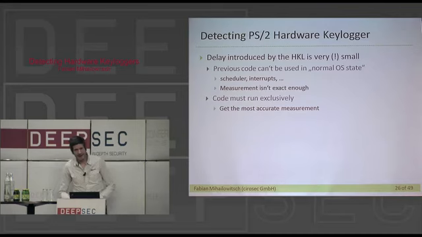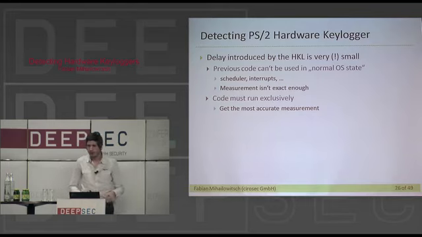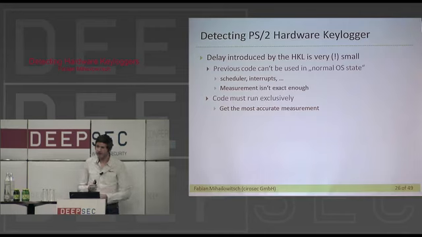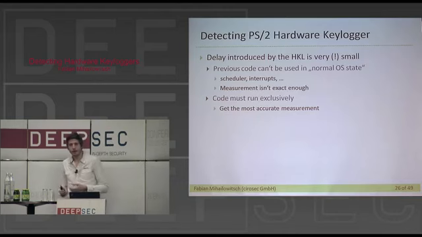The problem is that the delay introduced by the hardware keylogger is very, very small. That means running the code from user land won't work at all. Running the code from kernel land won't work either, because you have the scheduler and interrupts, and you don't get an exact measurement. You have to run your code completely exclusively to get the most accurate measurement.